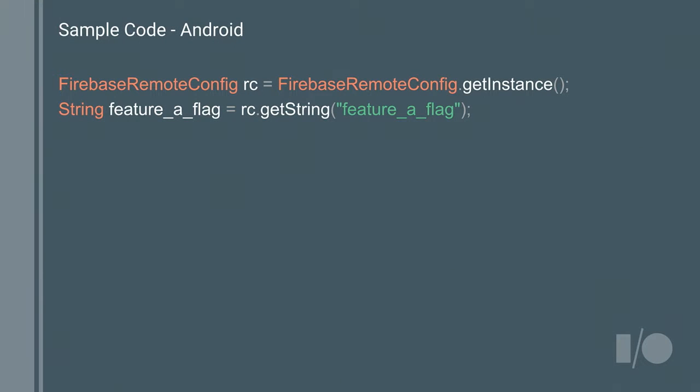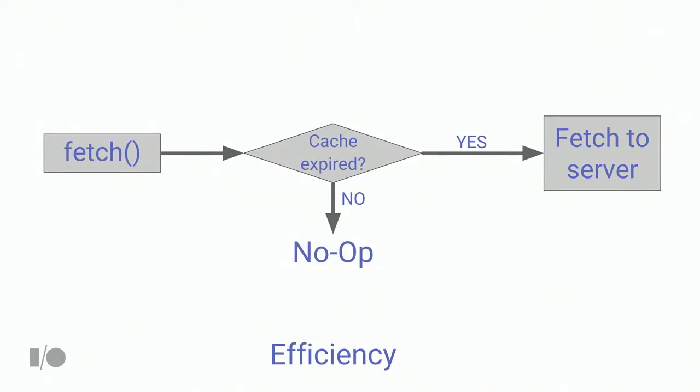And you fetch the local default files, surprise, with exactly the same lines of code. There's no difference. All that happens is when you fetch it, the override value from the console overrides your local default. And we've done a lot of work to make remote config very efficient. So when you want to get stuff from the server, for example, you use a fetch call.